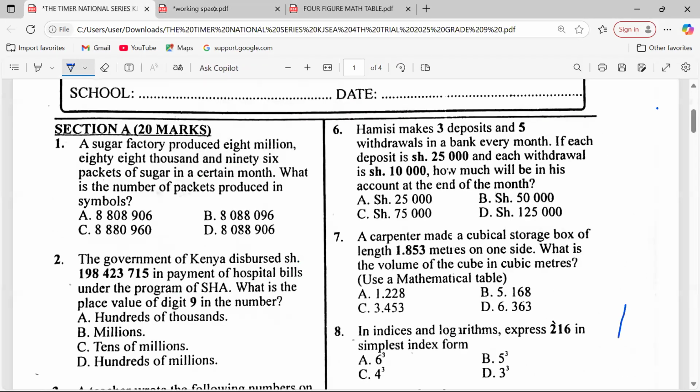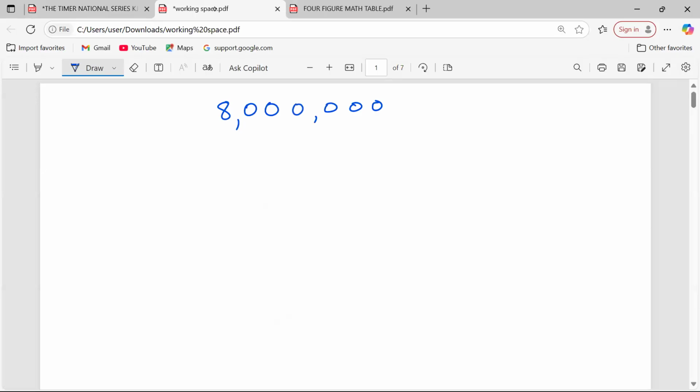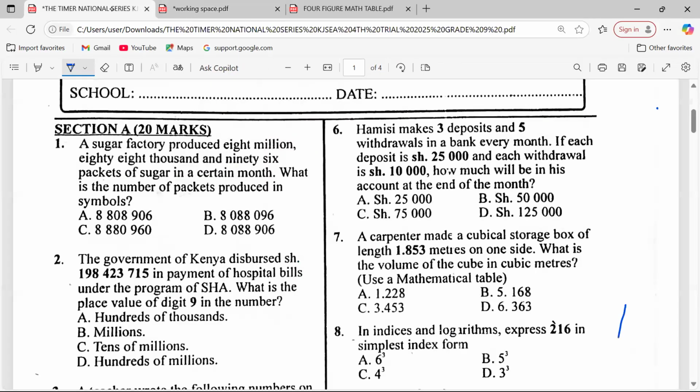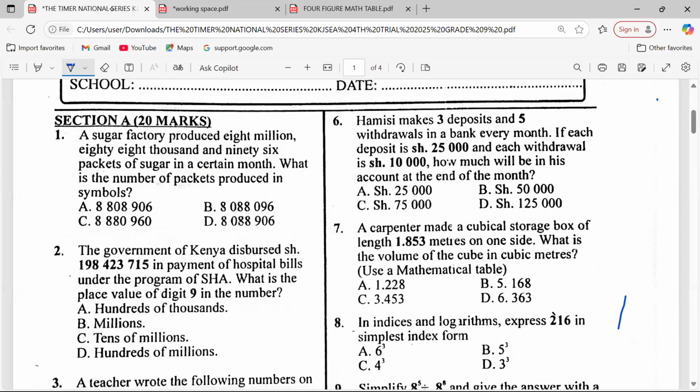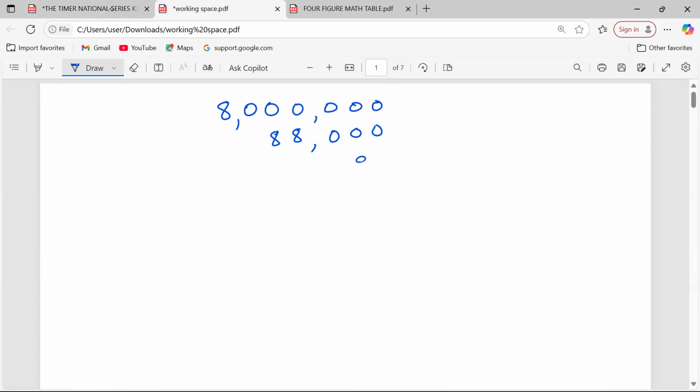Then after 8 million on the thousands side, we are having 88,000. Then 96 packets.